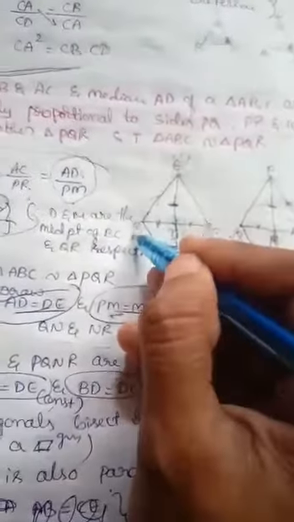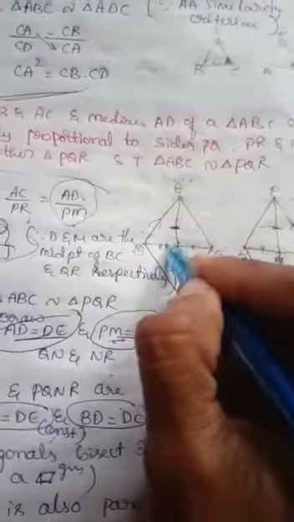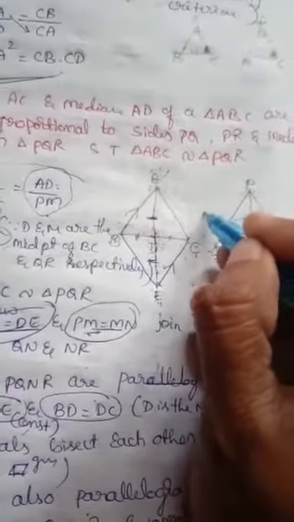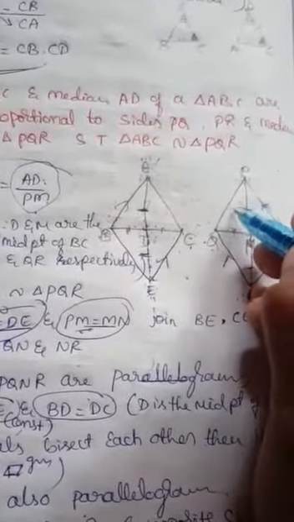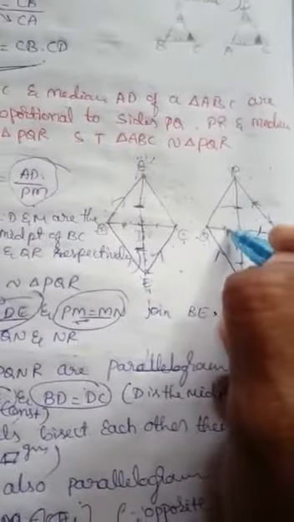Therefore, the three sides AB, BE and AE of triangle ABE are proportional to the three corresponding sides PQ, QN and PN of another triangle PQN. Therefore, these two triangles are said to be similar.